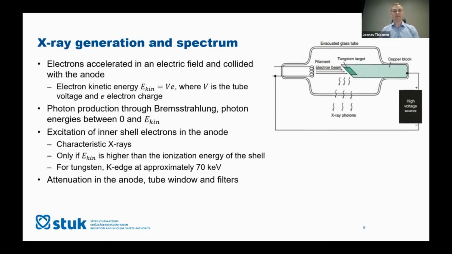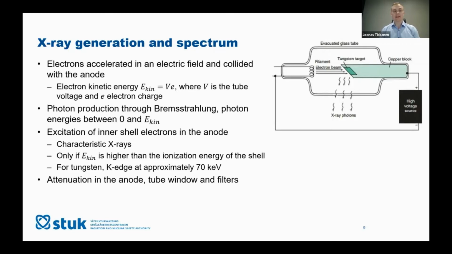So the X-ray spectrum, how are the X-rays generated? I will go through this briefly. Gavin might have some more detail into this, but in essence, electrons are accelerated in an electric field, and they are collided with the anode of the X-ray machine, which is usually made of tungsten or some other heavy material.